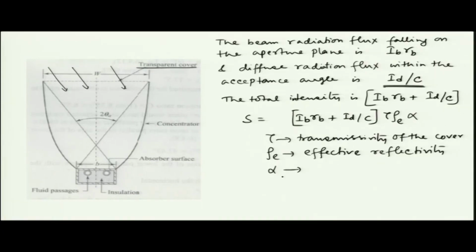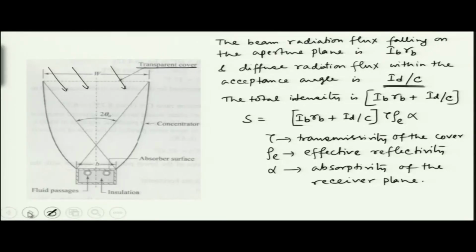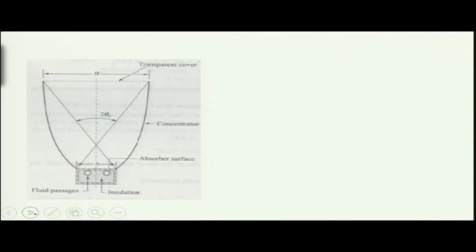And alpha is the absorptivity of the receiver plane. Okay. So, here you see that instead of flat plate collector, the expression of S has changed a little bit and we have to incorporate that in our analysis.